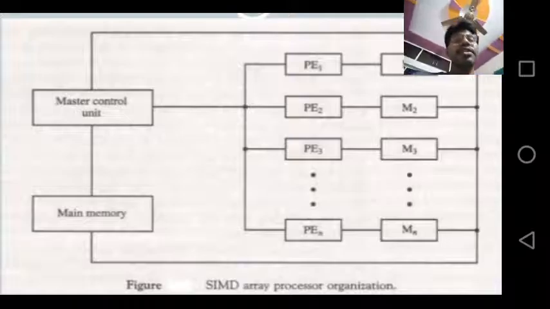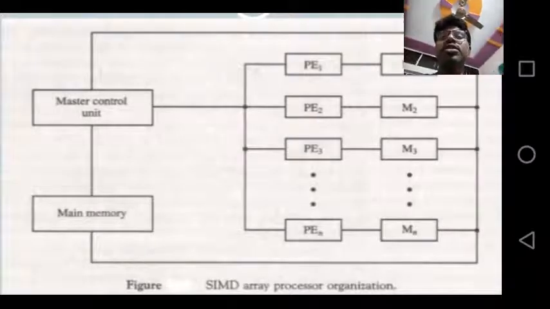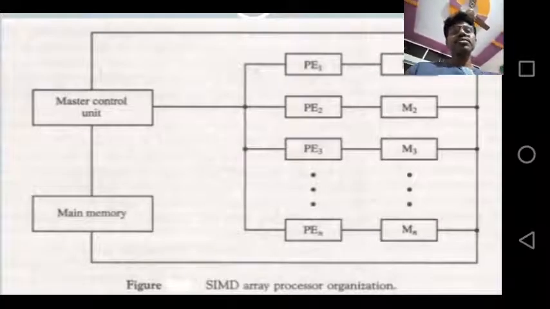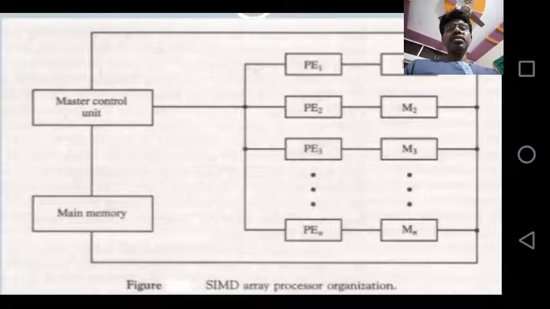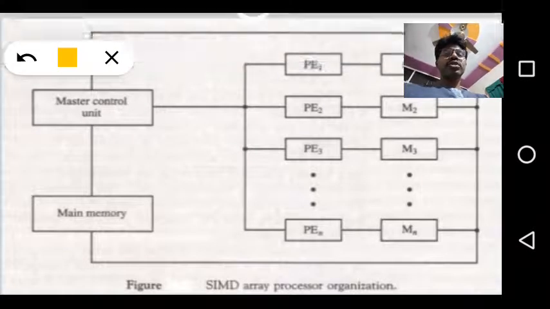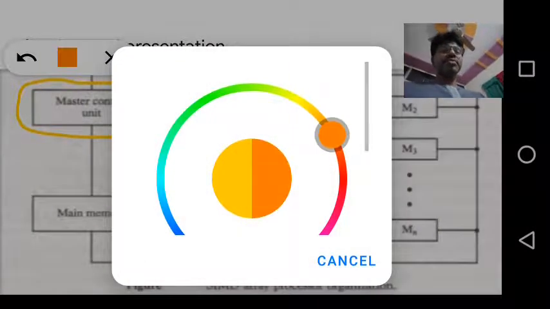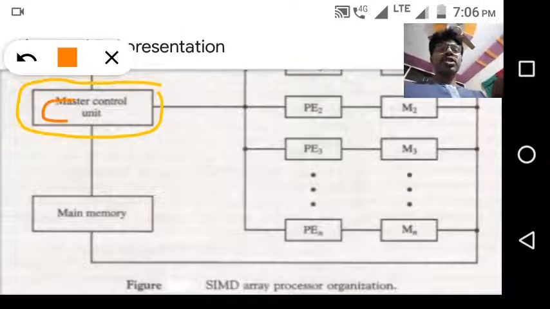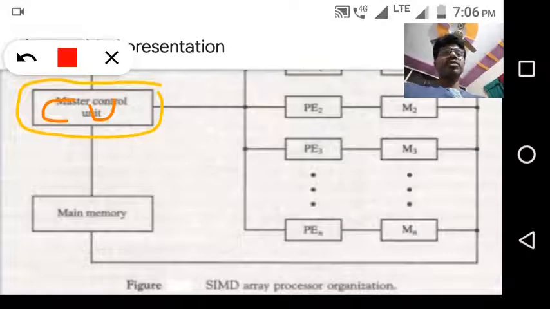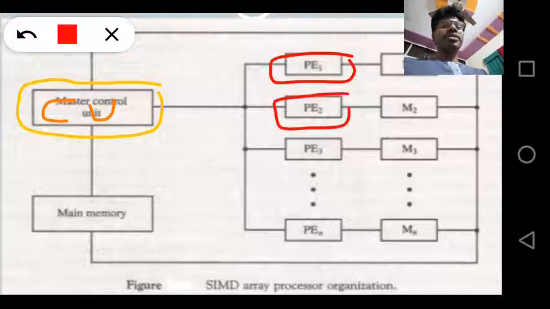Now let's look at the functional diagram of the SIMD array processor, how it looks. As I said, this is the master control unit, so this is like the control unit, and these are processing elements.